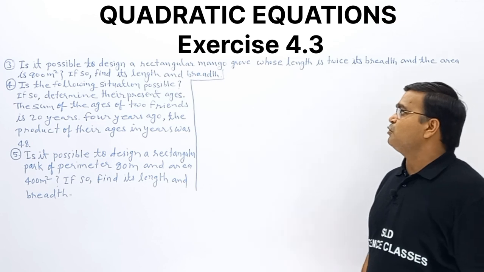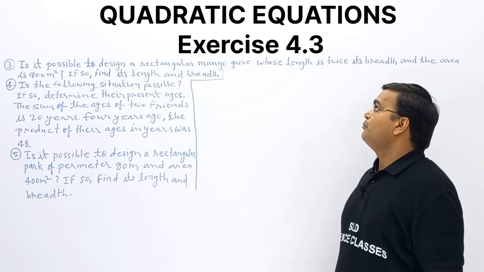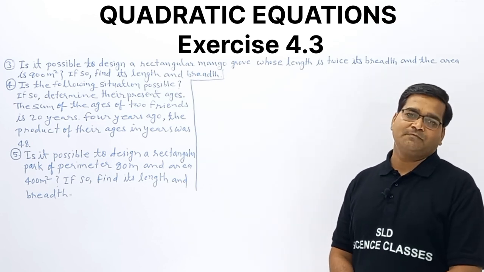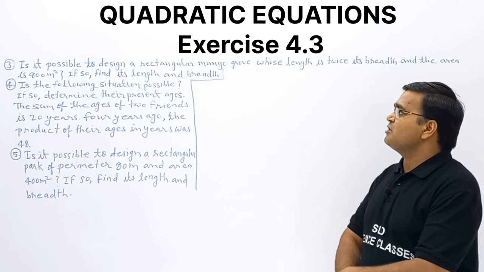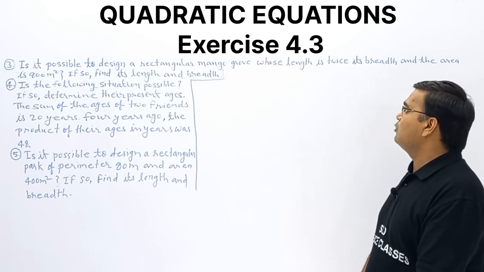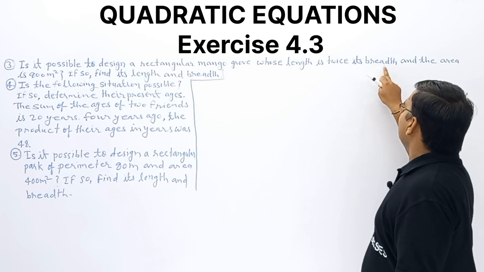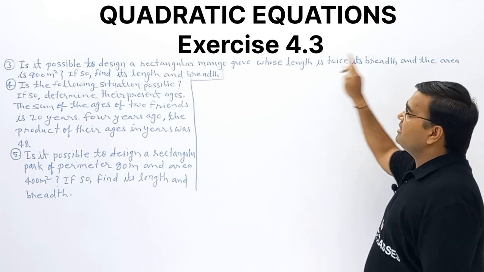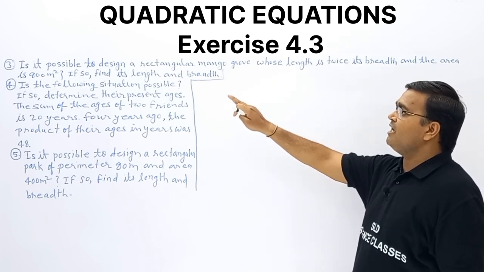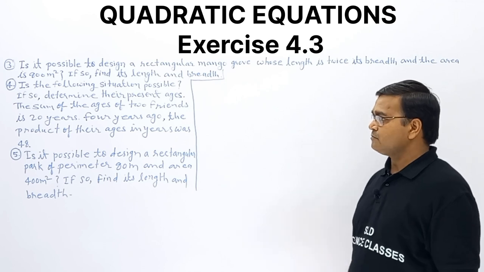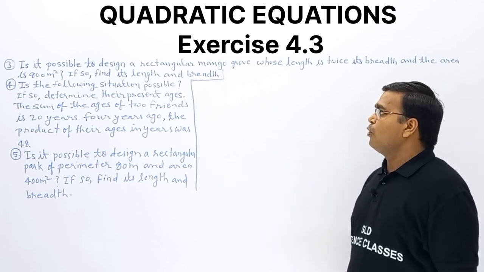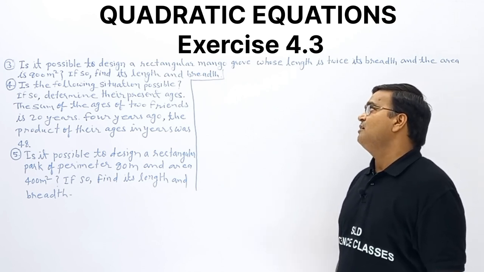Is it possible to design a rectangular mango grove whose length is twice its breadth and the area is 800 meters square? If so, find its length and breadth.